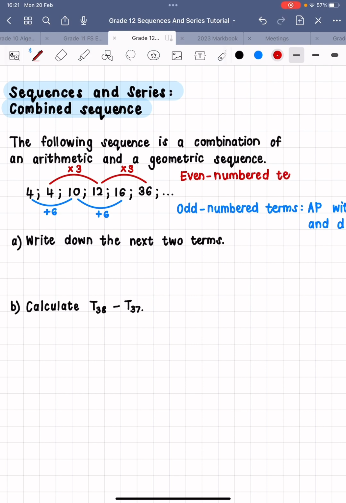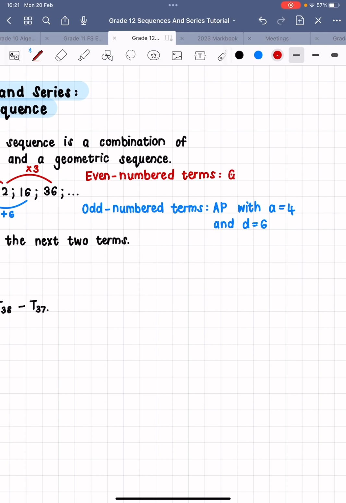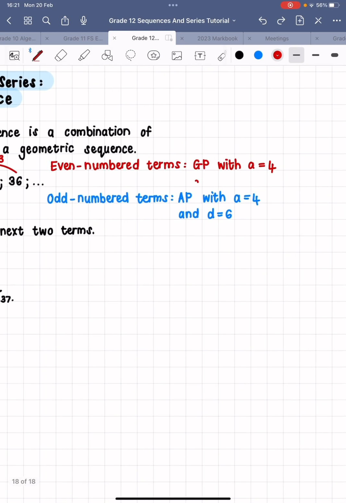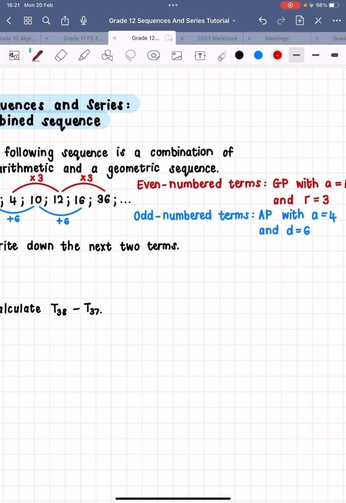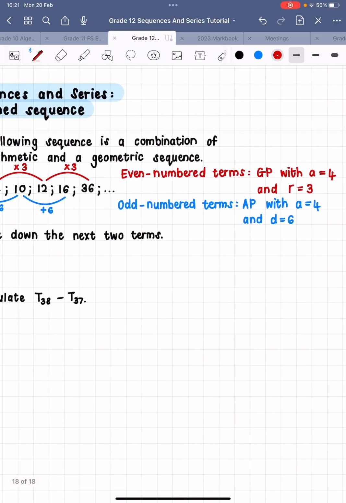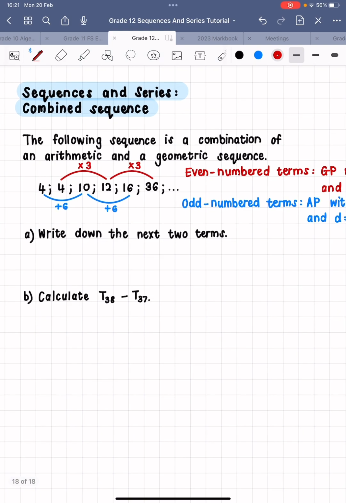That's a GP, a geometric progression, or a GS if you want to call it that, with again an A value of 4, because the first even numbered term is also 4, and then we are multiplying by 3 each time, so that is the constant ratio. That's what they mean when they say it's a combination of an arithmetic and a geometric sequence. We are working with alternating terms.